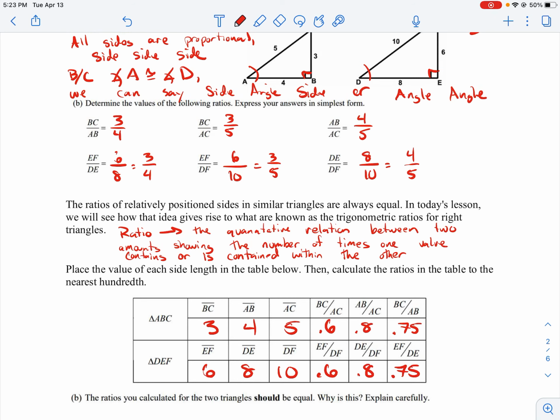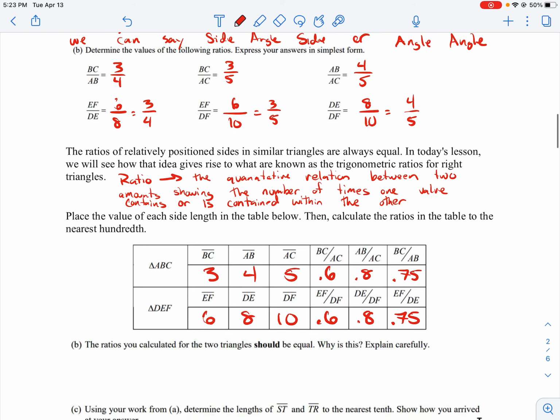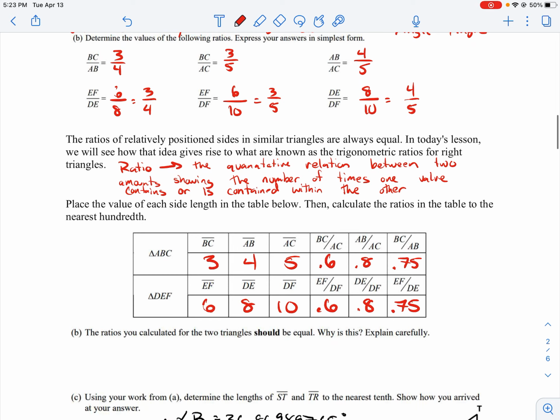Okay? So it says the ratios you've calculated for the two triangles should be equal. Why is this? Explain carefully. Okay? Because triangle DEF is proportional to triangle ABC by a 2-to-1 ratio.